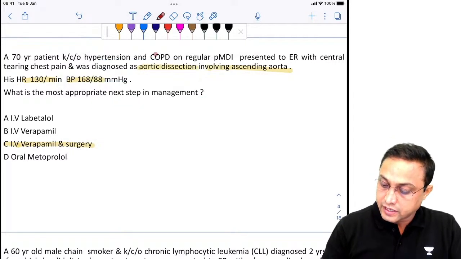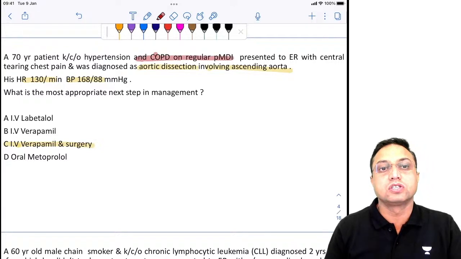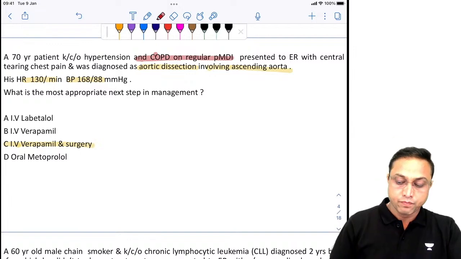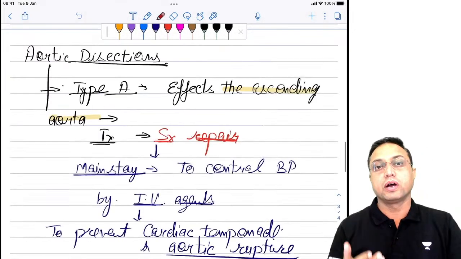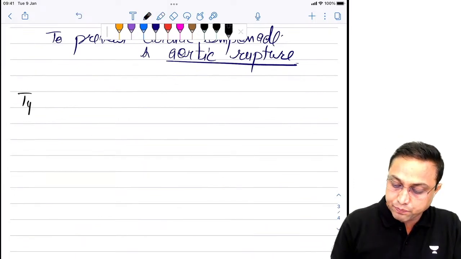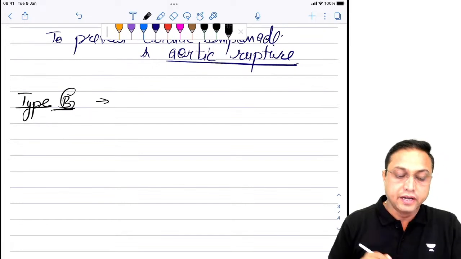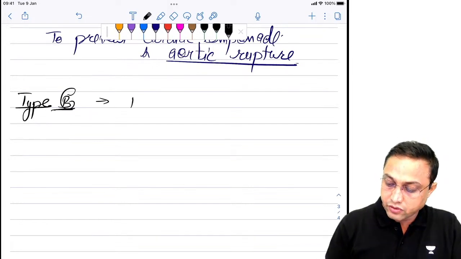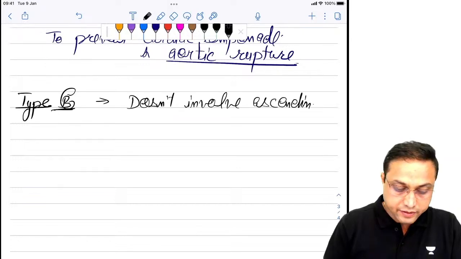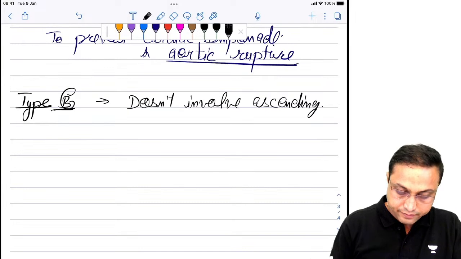Understand that this patient is a known case of COPD and is taking a regular pressurized metered-dose inhaler. Patients with a respiratory disease fall under type B aortic dissection, which does not involve the ascending aorta.